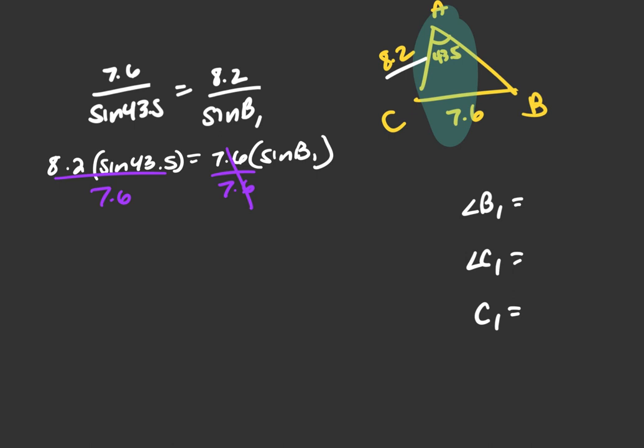So 8.2 sine 43.5 divided by 7.6, and I get 0.742698, and so on. I'm going to sine inverse that exact answer, without rounding it, and I get angle B1 is 47.96 degrees.